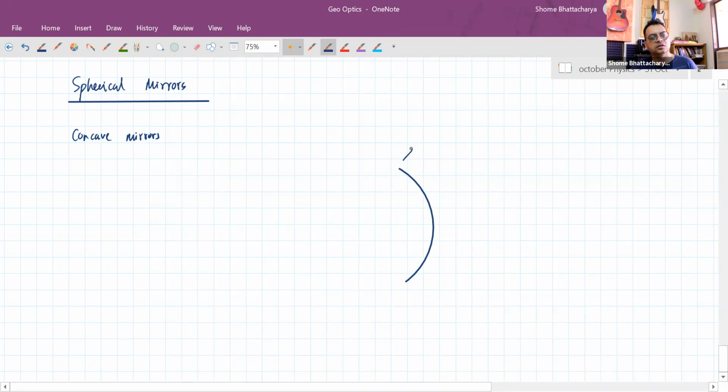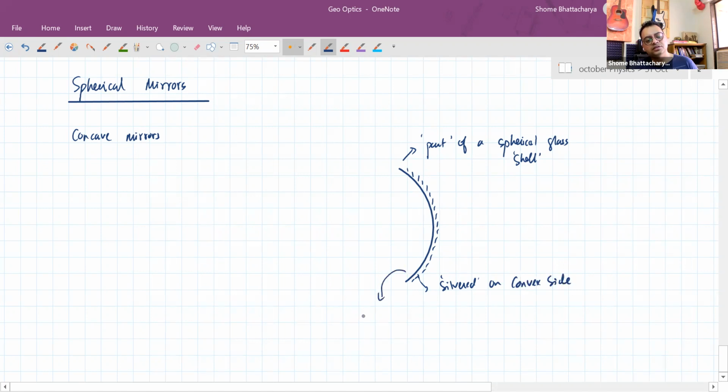Okay, so this is a part of a spherical shell, spherical glass shell. And now what we do is we silver it from outside. So the inner part is reflecting. So it's silvered on the convex side. So the concave side becomes a reflecting surface. So this is a concave reflecting surface.